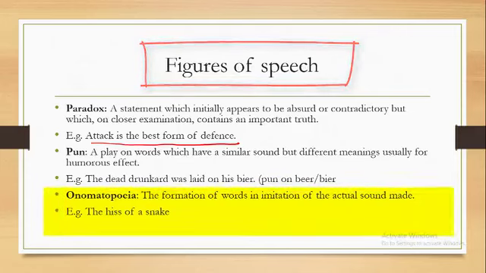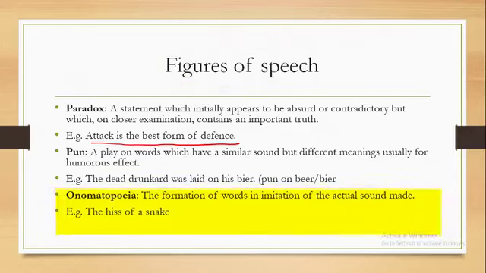So there's a formation of a particular sound, like the meow of a cat. There are different sounds animals actually make. So these are the things we are considering for today.